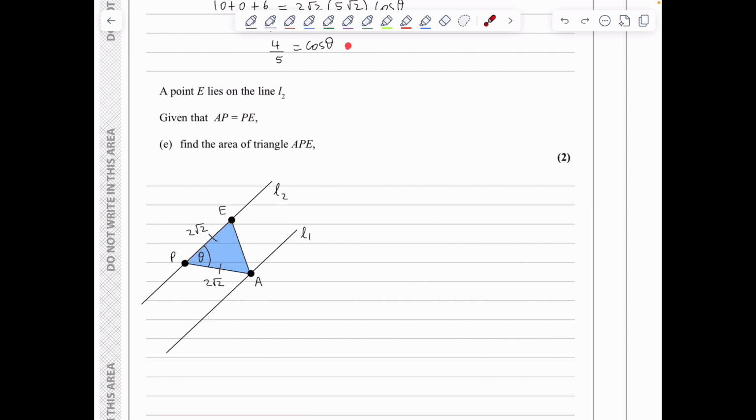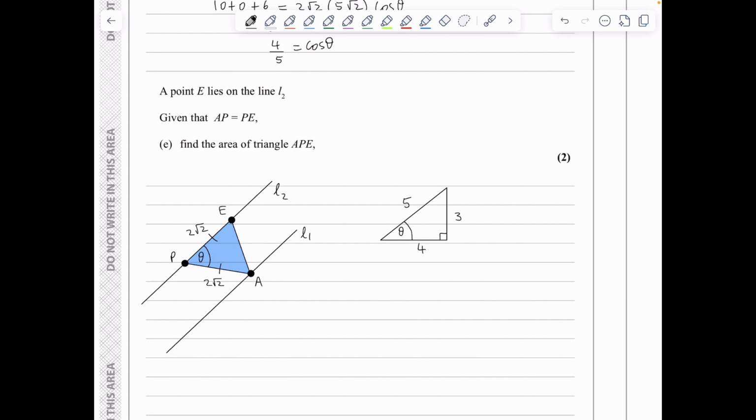So we're trying to find the area of this isosceles triangle here. We also know that cos theta is 4 over 5, so it makes sense to draw a right angle triangle here. We've got cos theta being 4 over 5, so that's adjacent over hypotenuse, and this means that the opposite is 3.